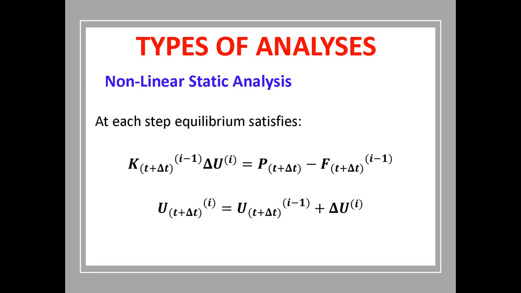Note that K in this equation is the tangent stiffness matrix calculated at the previous iteration of time t plus time step delta t. P is the vector of external nodal forces, F is the vector of nodal forces that correspond to the element stress in the current configuration, and U and delta U are vectors of nodal and incremental displacements.